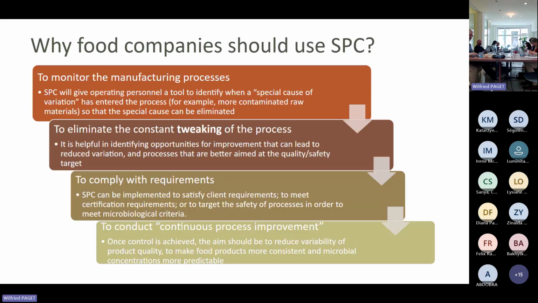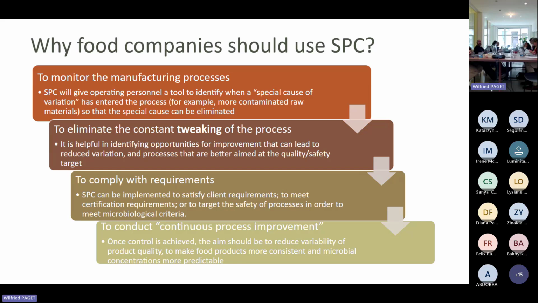Okay, so the next step: why food companies should use statistical process control. First, to monitor the manufacturing processes. Statistical process control will give operating personnel a tool to identify when a special case of variation is occurring.